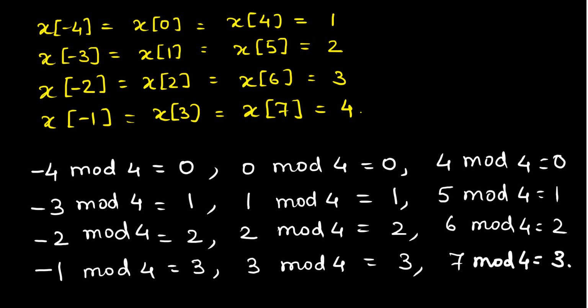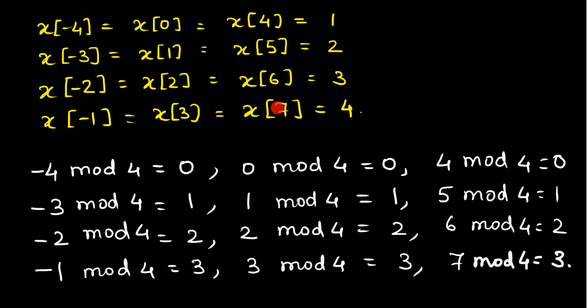So what we observe here is that the modulo operation of minus 4, 0 and 4 is exactly the same, that is 0. Similarly, the modulo operation of minus 3, 1 and 5 with respect to 4 is again the same, equal to 1. For minus 2, 2 and 6 it is again 2, and for minus 1, 3 and 7 it is again the same, equal to 3 for all the cases.